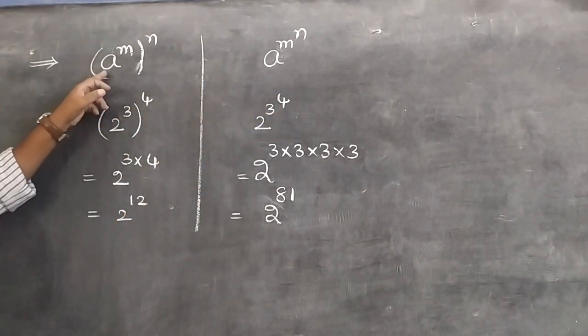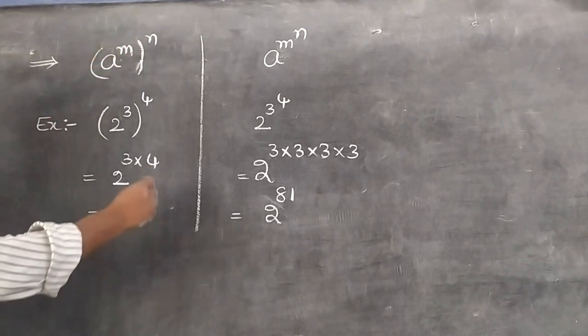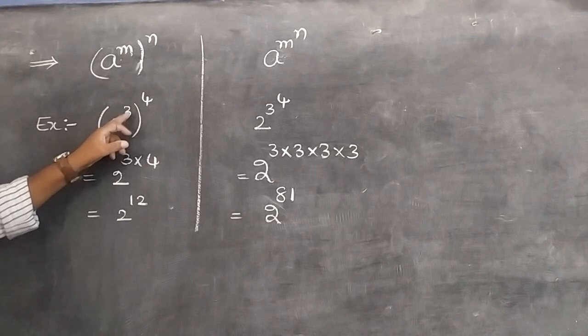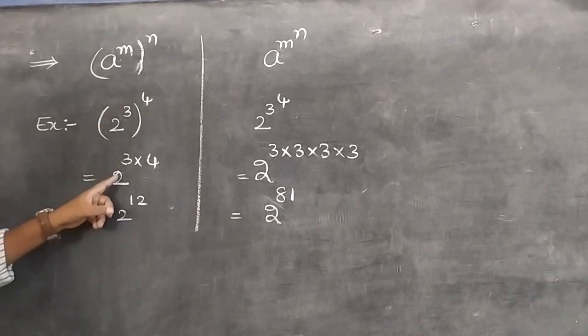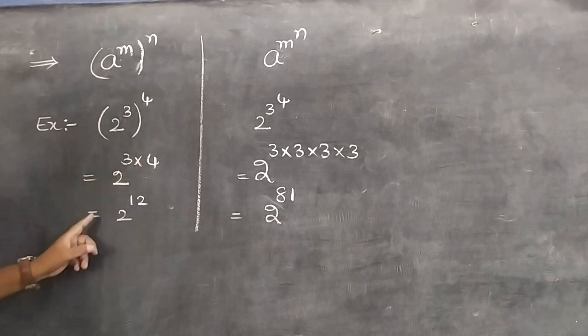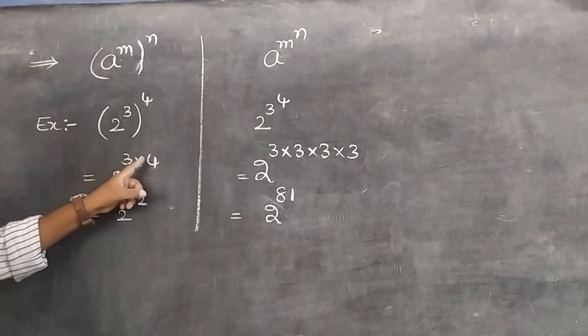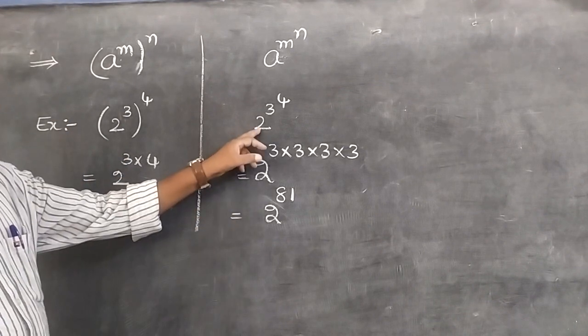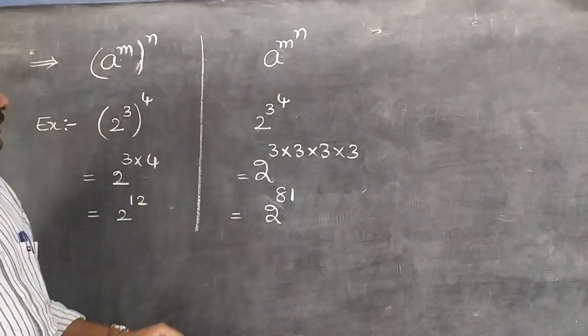We know that A power m whole power n equals A power m into n. So 2 cube whole power 4 can be written as 2 power 3 into 4, which implies 2 power 12.